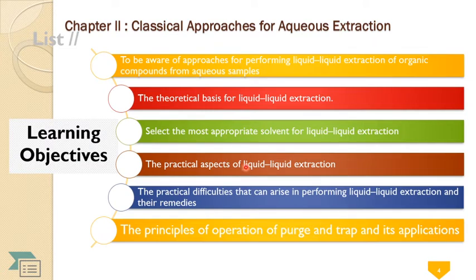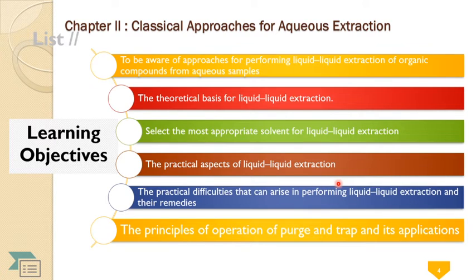Then the practical aspects of liquid extraction: which apparatus is used for the extraction? Here we can study two methods, continuous extraction methods and discontinuous extraction methods, like the separating funnel and the Soxhlet extraction apparatus.